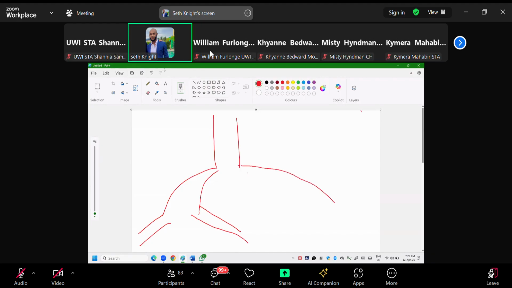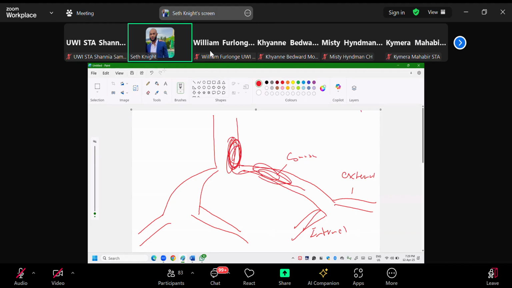So here we have the internal as well as the external. So this is our common iliac. This is our external. This is our internal. If you have clot here, this is the aortoiliac disease.